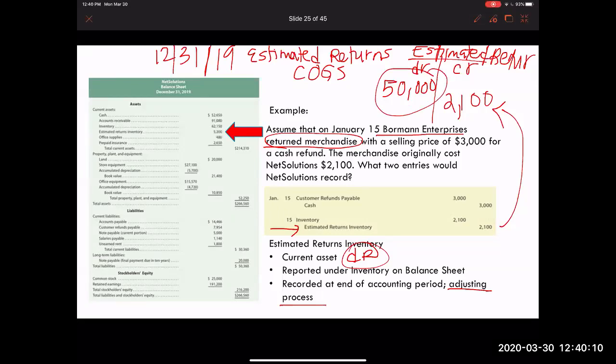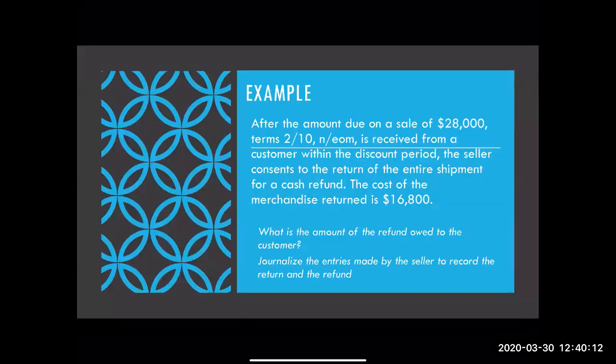All right, with that, I am going to move on to this example. It says after the amount due on the sale of $28,000, terms 2/10, n/EOM. If you're not sure what EOM stands for, it stands for end of month.